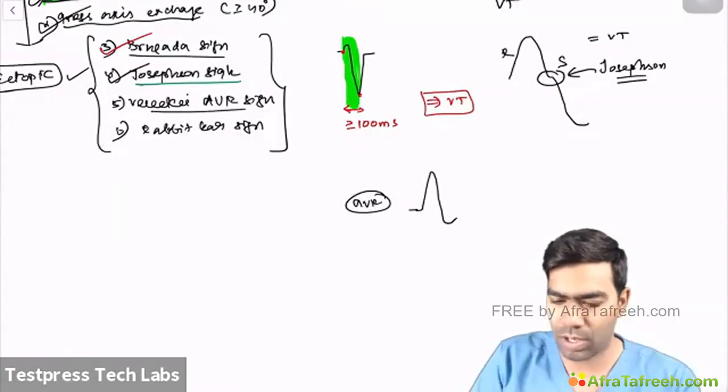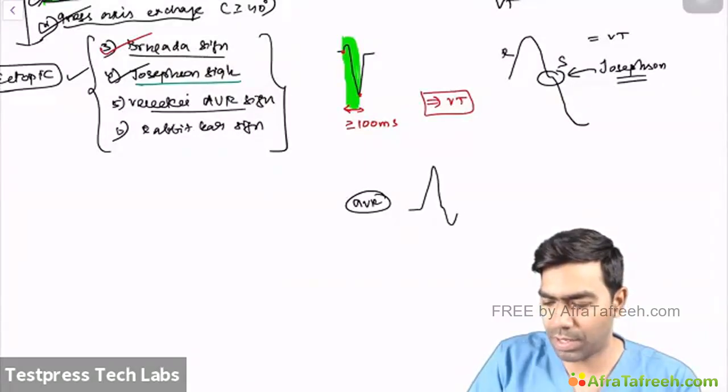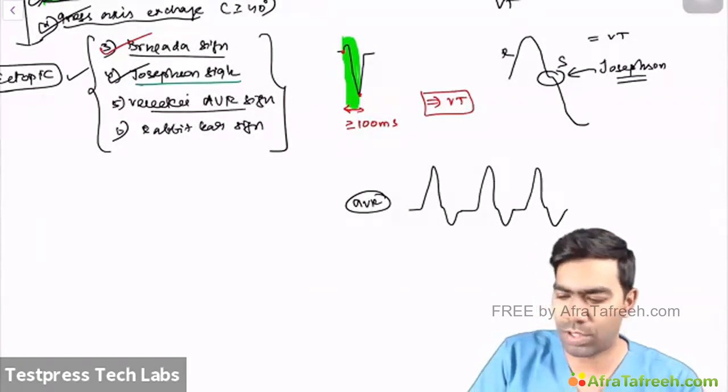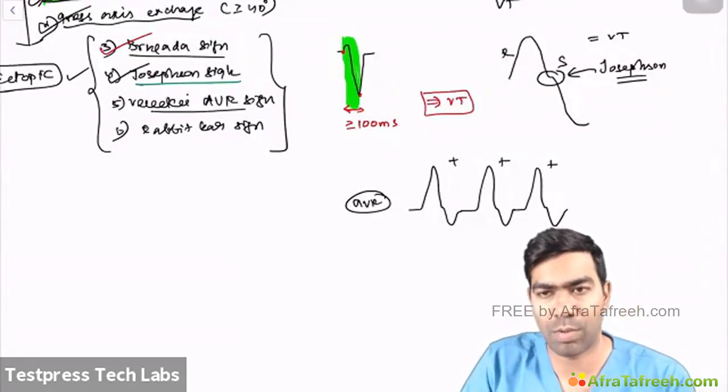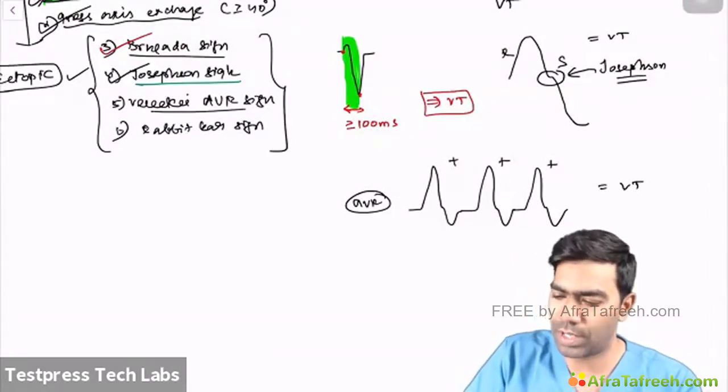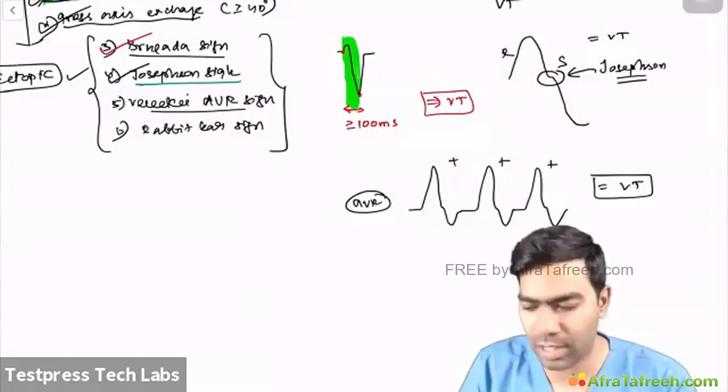I want to draw a little better. So you have a fully positive R wave. Maybe the concordance may be opposite, doesn't matter. If you see a fully positive complex, this usually indicates an extreme axis deviation or probably a northwest axis that we're talking about. So this is equal to VT most of the time. This is Verreki's AVR sign.